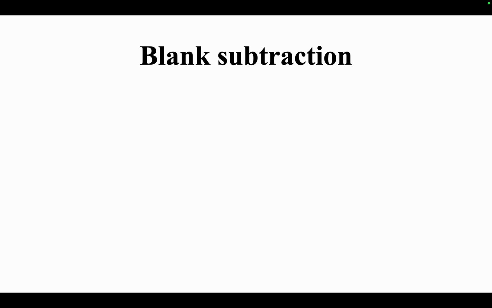Now, blanks are also important while measuring the enzyme assay. So what is this blank subtraction? Suppose we have two tubes. In one tube we add our buffer or any solution for the assay.